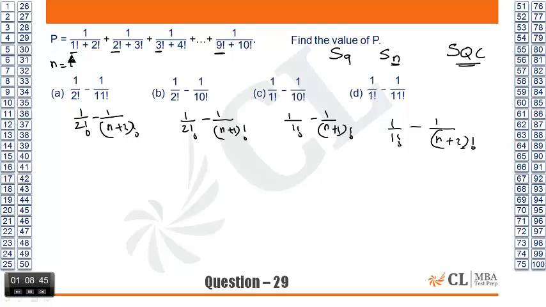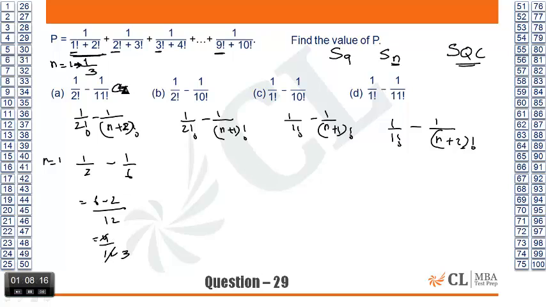So when n equal to 1, this is the first term. 1 by 1 factorial plus 2 factorial is 2, 2 plus 1 is 3. We should have 1 by 3 when n equal to 1. What does this give me? 1 by 2 factorial is 1 by 2 minus 1 by n plus 2, that is 3 factorial, 1 by 6. 6 minus 2 into 6 into 2 is 12. 4 by 12 is 1 by 3.